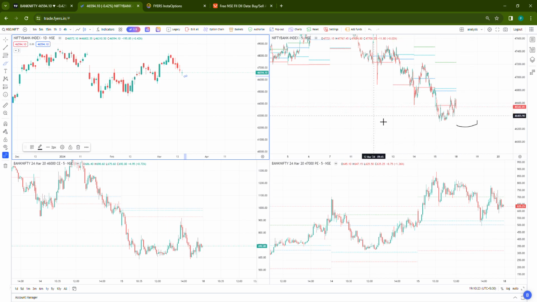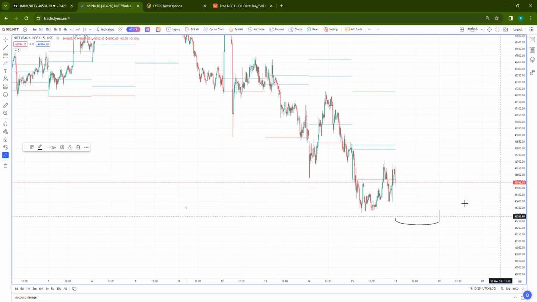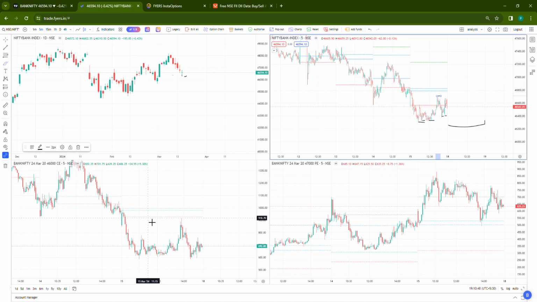This will be our 5 minute chart. One more important thing is, yesterday once the low was created, we were making higher lows only, and we also made a higher high but could not cross the high of the previous day. Also look at the options price for 46,000, an in the money call option.